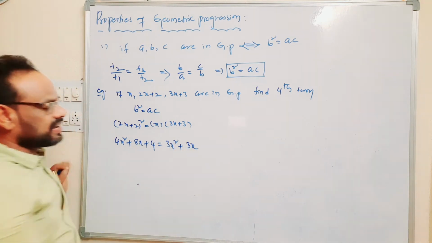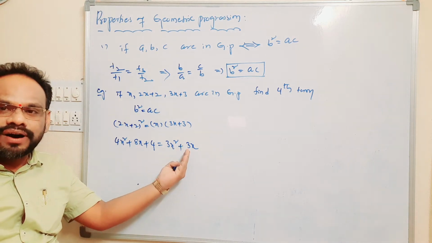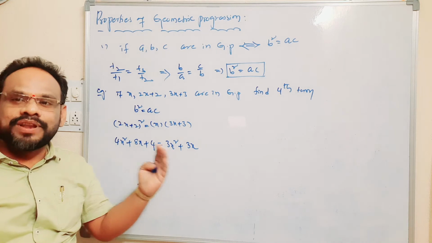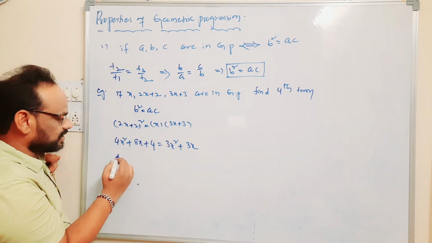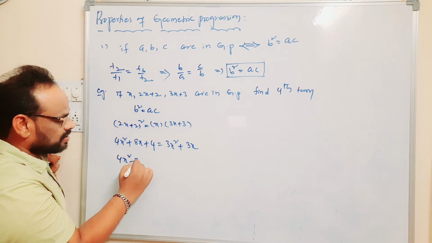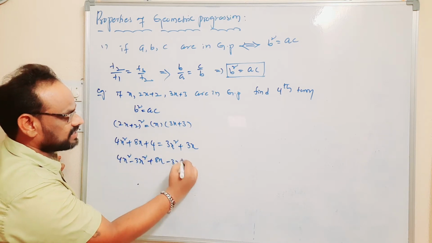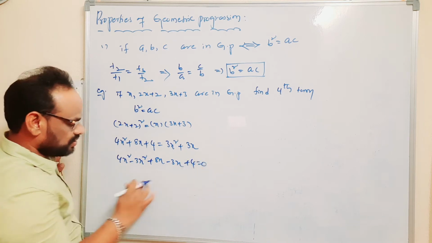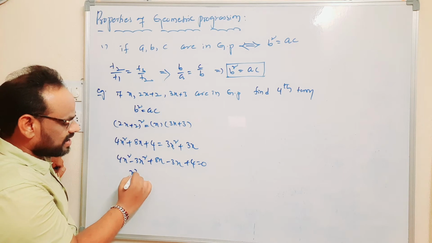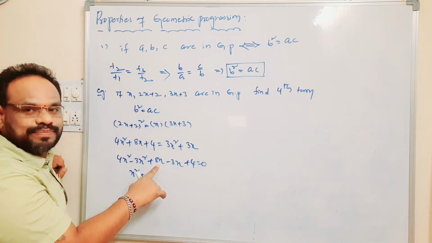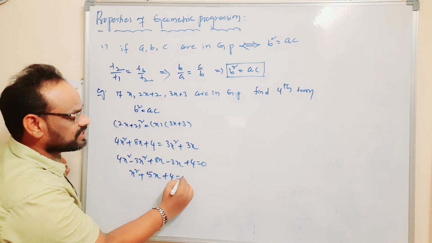If you transpose plus 3x square plus 3x from RHS to LHS, they become negative quantities, that is minus 3x square and minus 3x. So 4x square minus 3x square plus 8x minus 3x plus 4 is equal to 0. 4x square minus 3x square gives x square, plus 8x minus 3x is 5x, plus 4 is equal to 0.